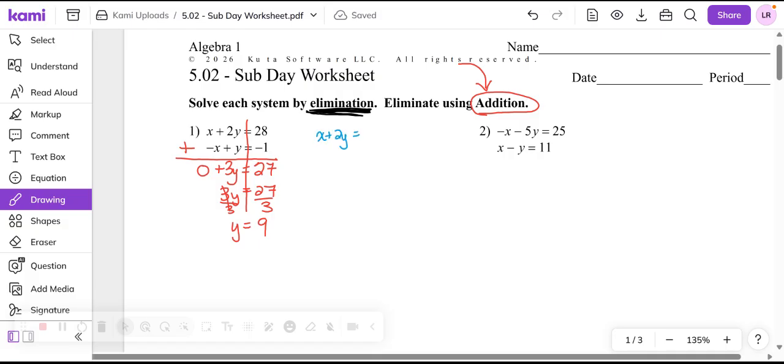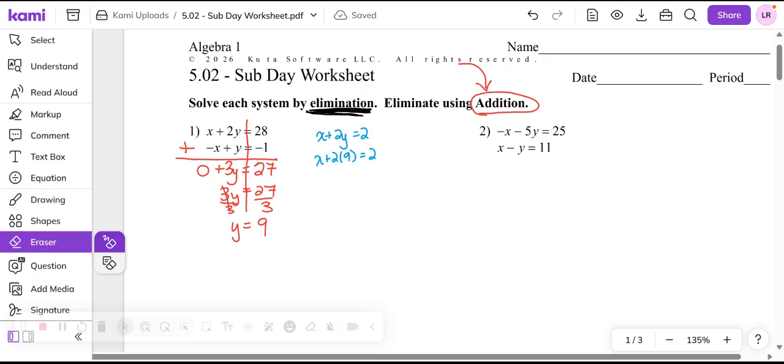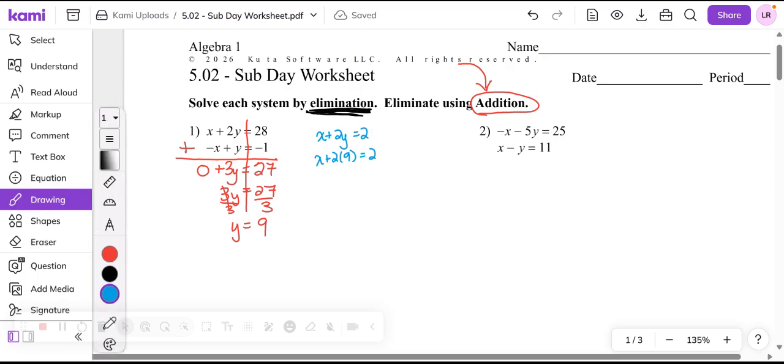I'm going to plug in the answer I just figured out. I just figured out that y was 9, so I'm going to put a 9 in place of the y. Sorry, I had put 29, it's supposed to be 28.